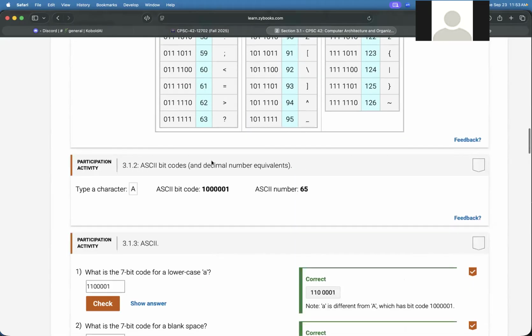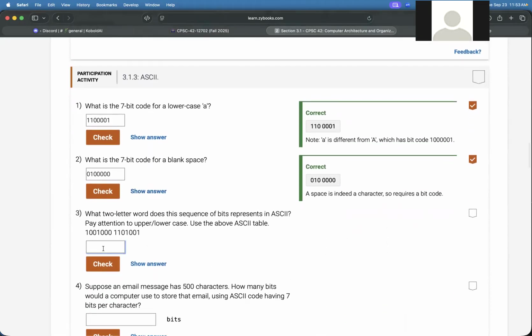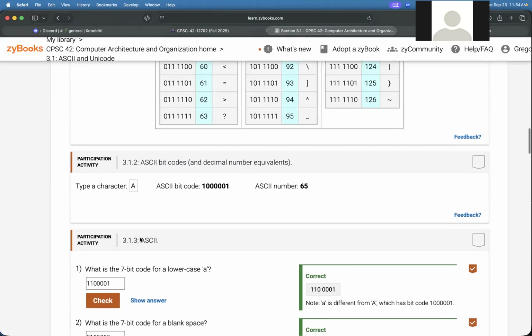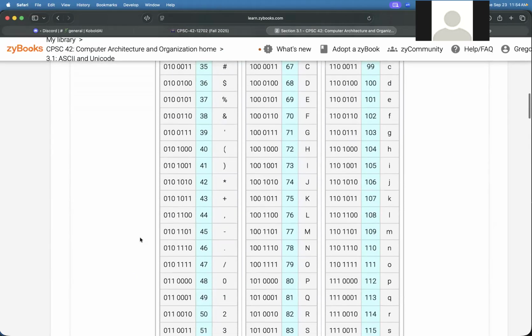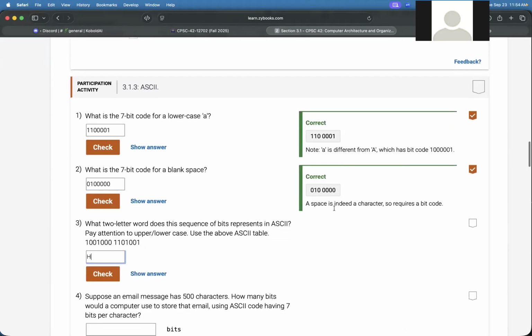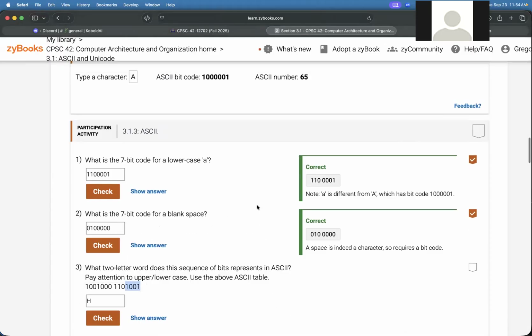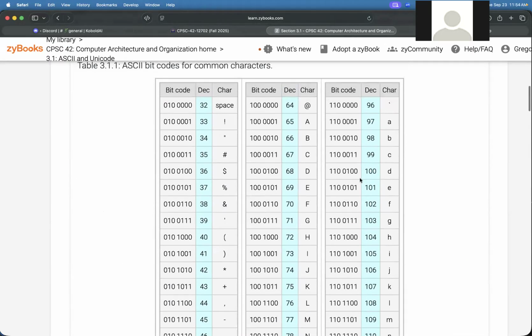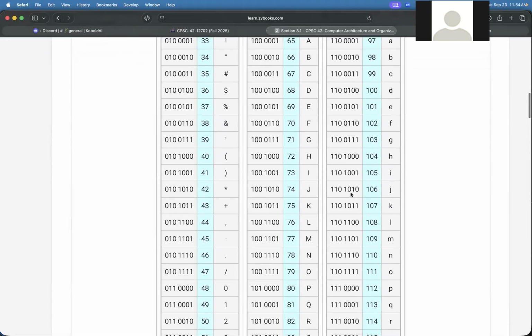It's capital H. Next one, it's probably I, but lowercase or uppercase? This one's 1101001. So we're looking for 110. The 110s are over here, and the last four characters, 1001. Lowercase i.